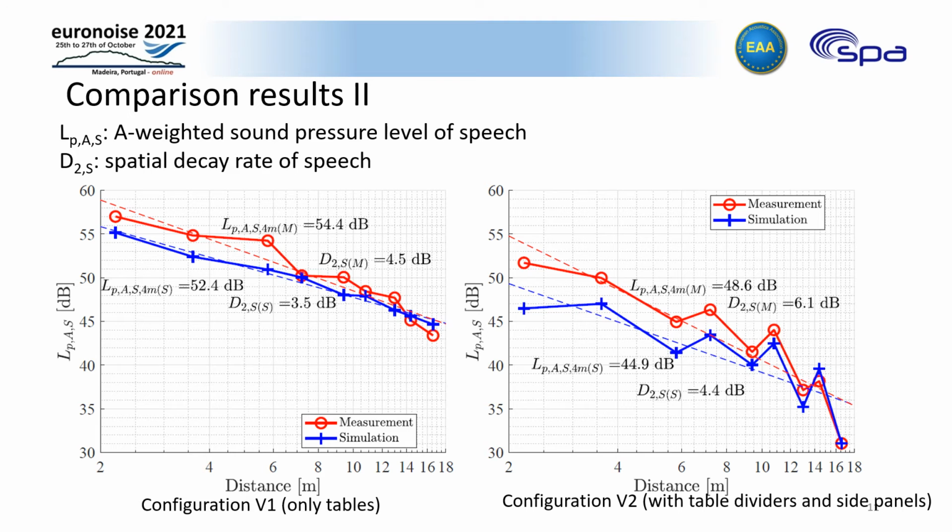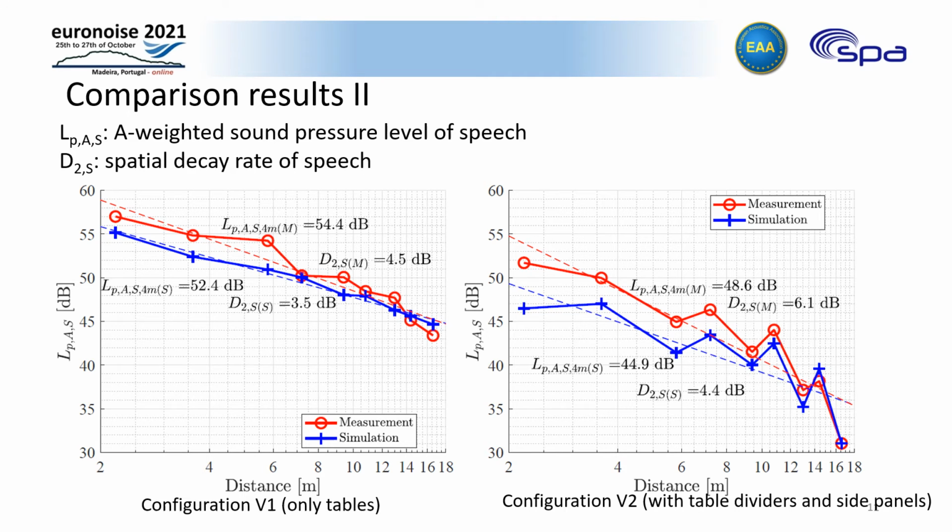For the open plan office, good speech privacy between workstations is of primary concern. Therefore, the spatial decay rate of speech and the A-weighted sound pressure level of speech at a distance of 4 meters away from the sound source are investigated, as described in the ISO standard 3382-3.